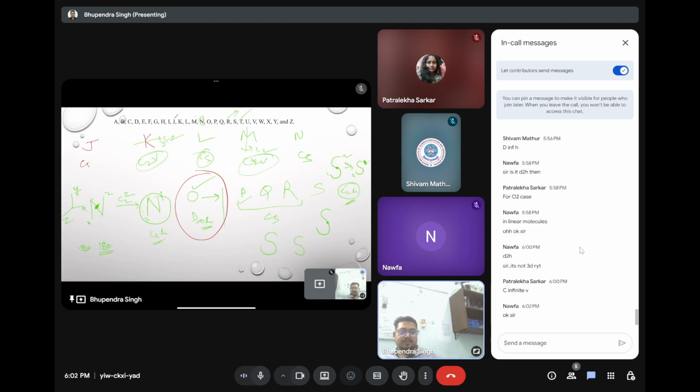Because now your plane is here, O is in the plane, your axis is here. So you can rotate it by any angle and you will get the same O.